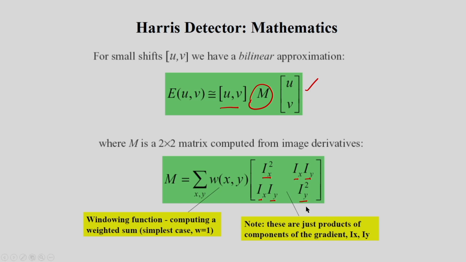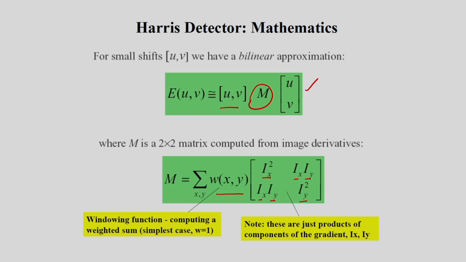What is I_x? I_x is the gradient along the x direction, and I_y is the gradient along the y direction. So the matrix M is computed from the gradients. Again, I am considering the window function, where W is equal to 1 for the simple cases. So the matrix M is obtained from the image gradients.